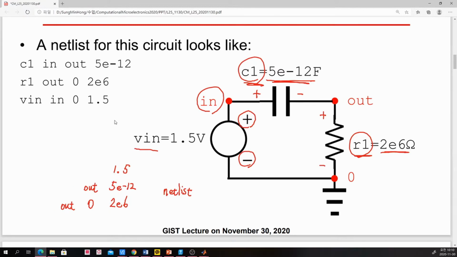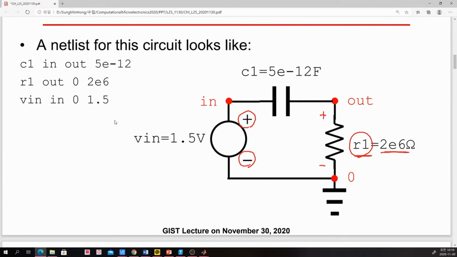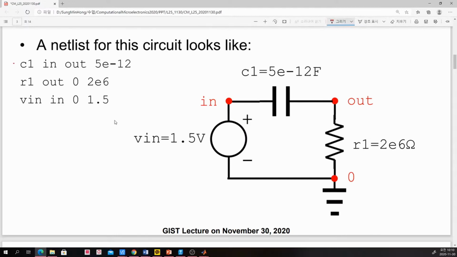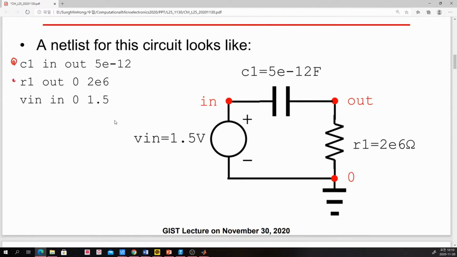So I think that if you have to develop a circuit simulator, first of all, you have to parse this netlist file. So from this netlist file, you should extract the connectivity information. So of course, you have to also keep this information. Yes.